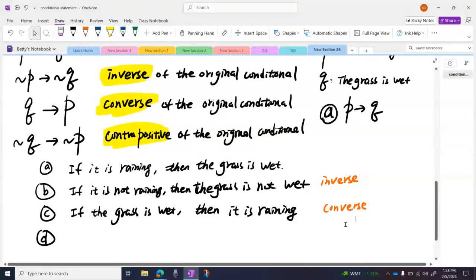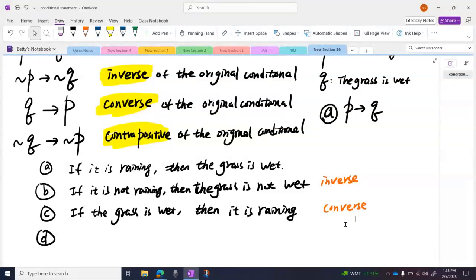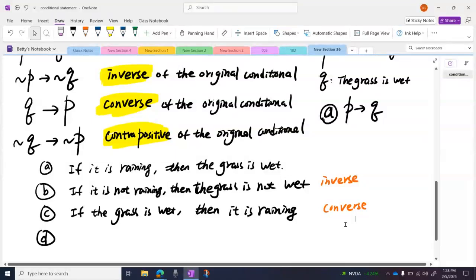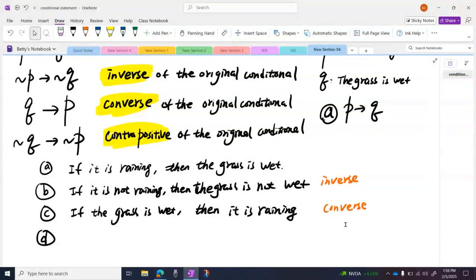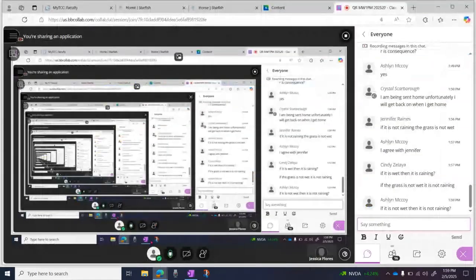Now D, I want you to help me to write a contrapositive of A. Give it a try. Contrapositive does both: not only switch the antecedent and the consequent, also negate both of them. If the grass is not wet, then it is not raining.